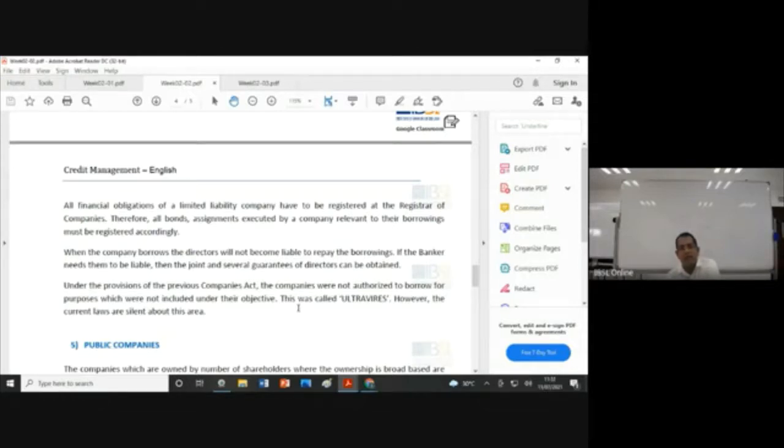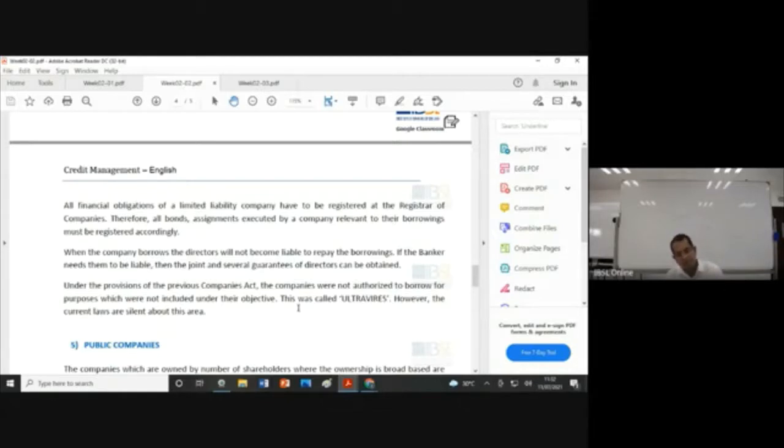That is called the ultra vires clause. However, this new Companies Act is silent about that, right? The new Companies Act is silent about the objectives of the company. Therefore, without checking the objectives, you can grant loans.